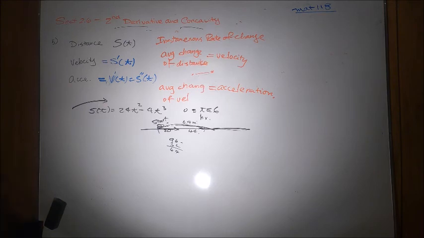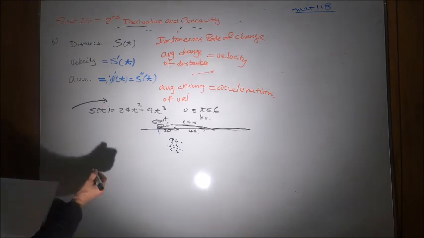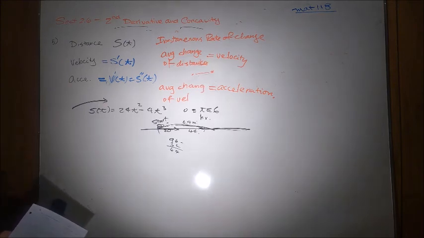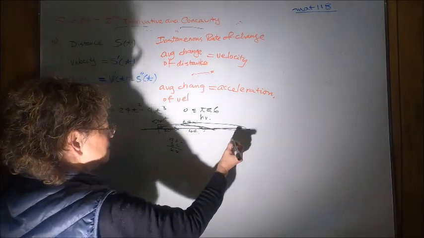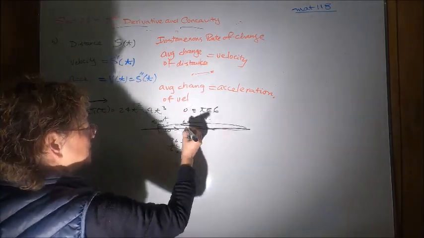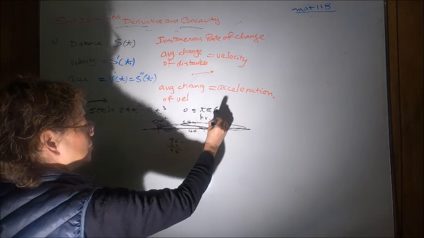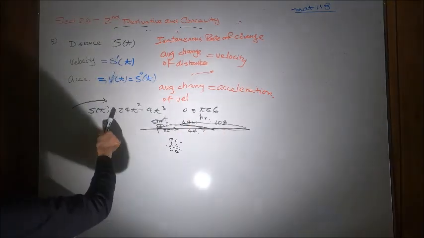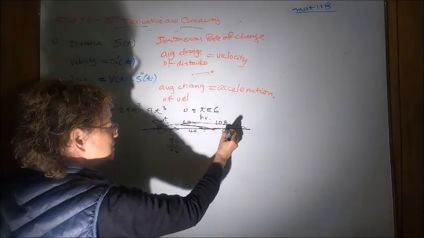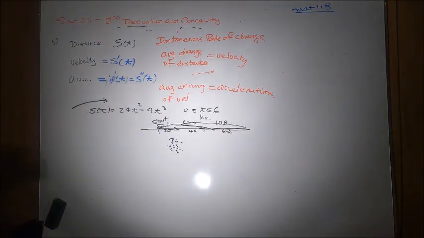Then the third hour, if you plug in, right? Then probably the total would be 108. Okay, third hour you plug in. So it means the third hour, it drove 44 miles.